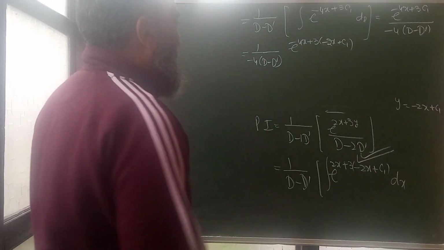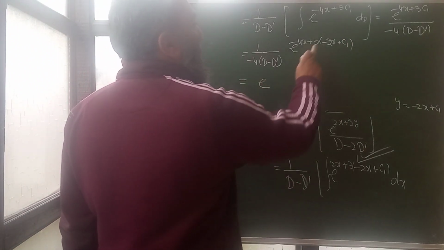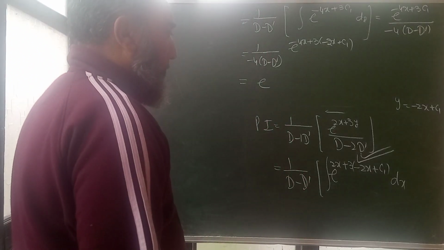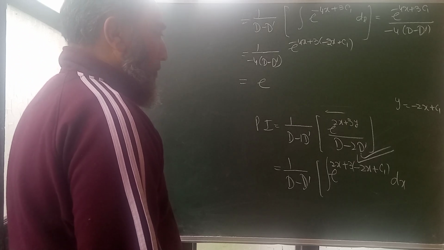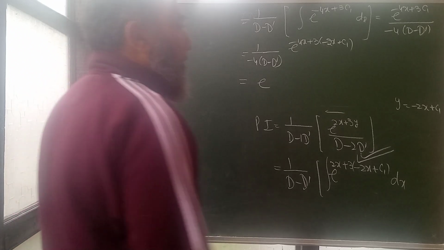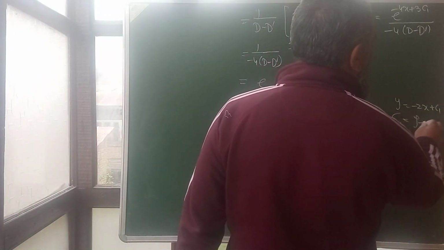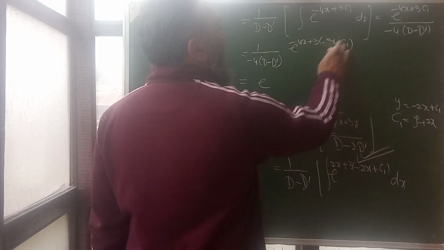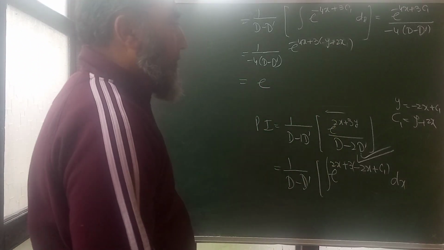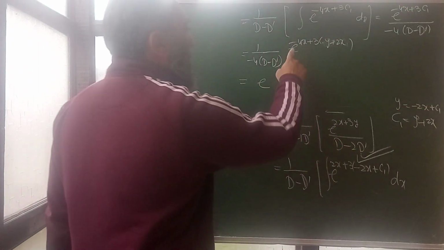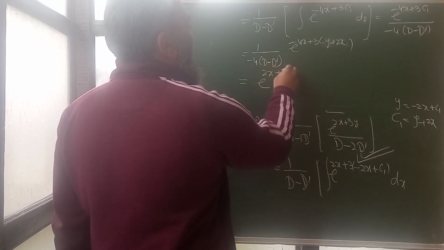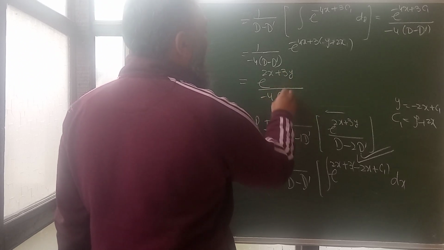So this is equal to e raised to the power... this is minus 6, so it's minus 4. Now what is your c1? c1 is y plus 2x, okay? So it is minus 4x, 3 twos are 6, e raised to the power 6 minus 4x, which is 2x plus 3y, by minus 4, d minus d dash.